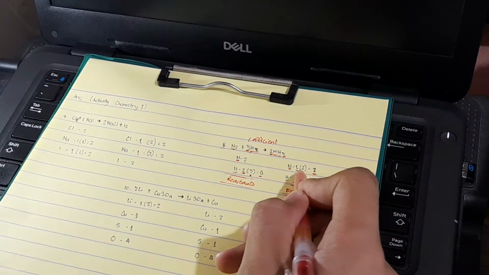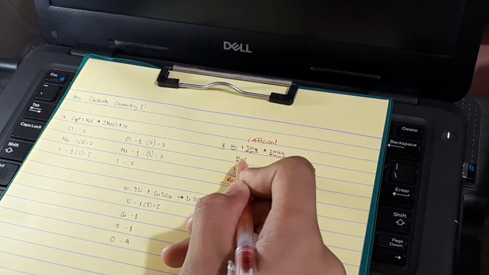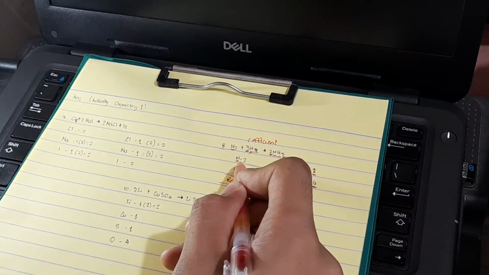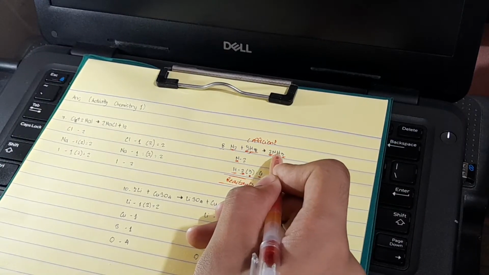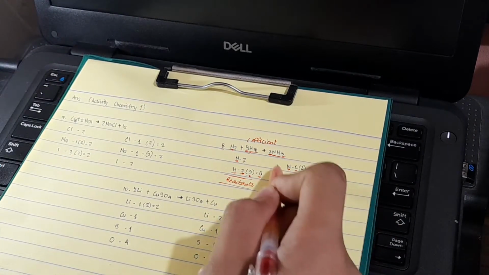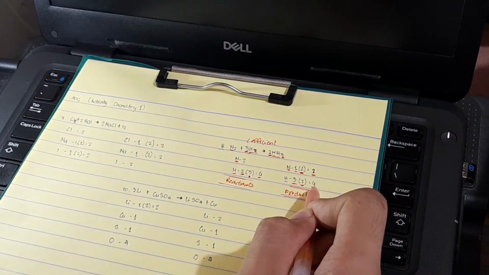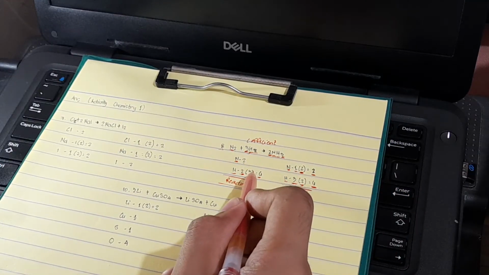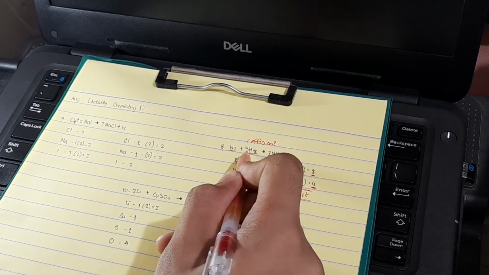Because we add 2 so that N2 on the reactant side can be balanced on the product side. So we put 2. And we put 2 here to multiply with 3 so that we can get 6. Same in here. We put 3 and 2.